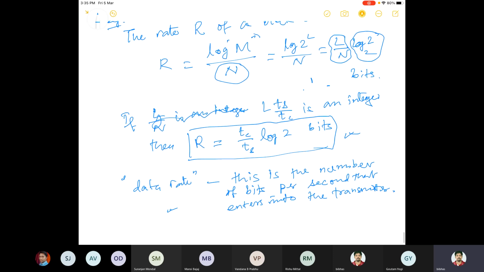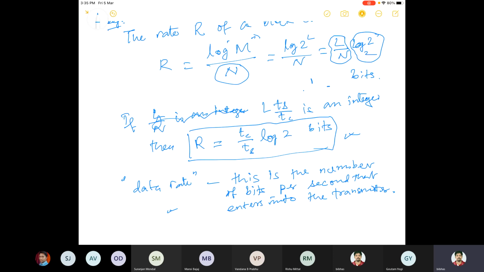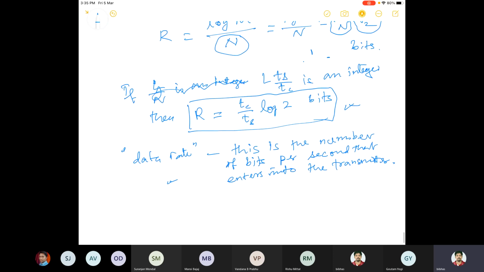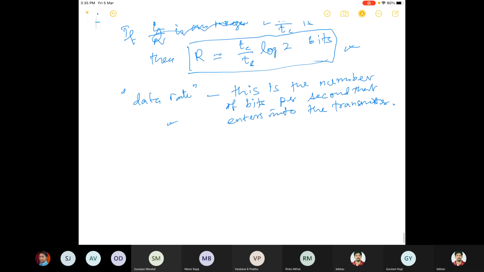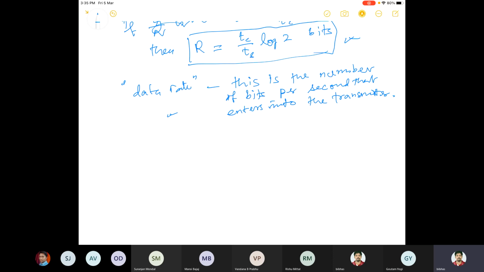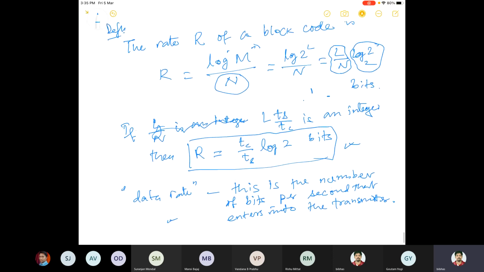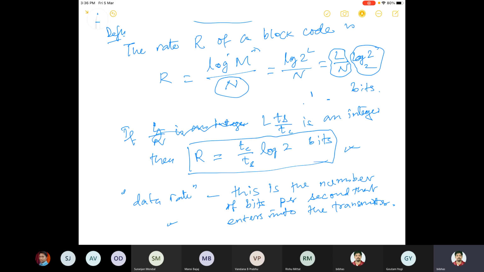So it is normalized: what the input is, divided by how many digits you give as output. Sometimes you can also use other bases, like natural logarithms, log e or log 10, whatever it is.